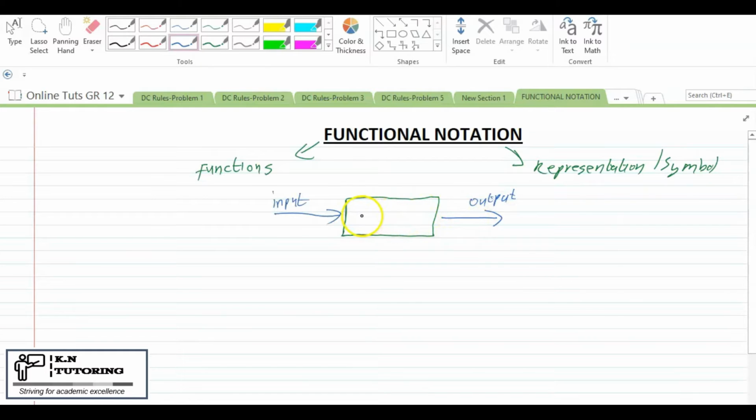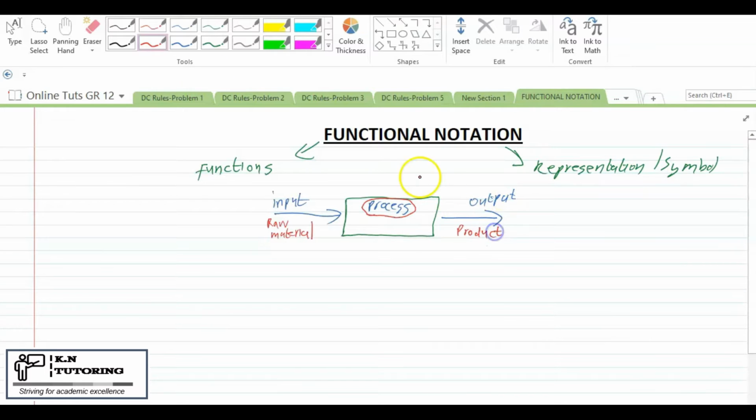But for you to get an output, you must have some kind of process here. In a real life situation, you have your raw material, and then you put this in a process, and you're going to have your product.